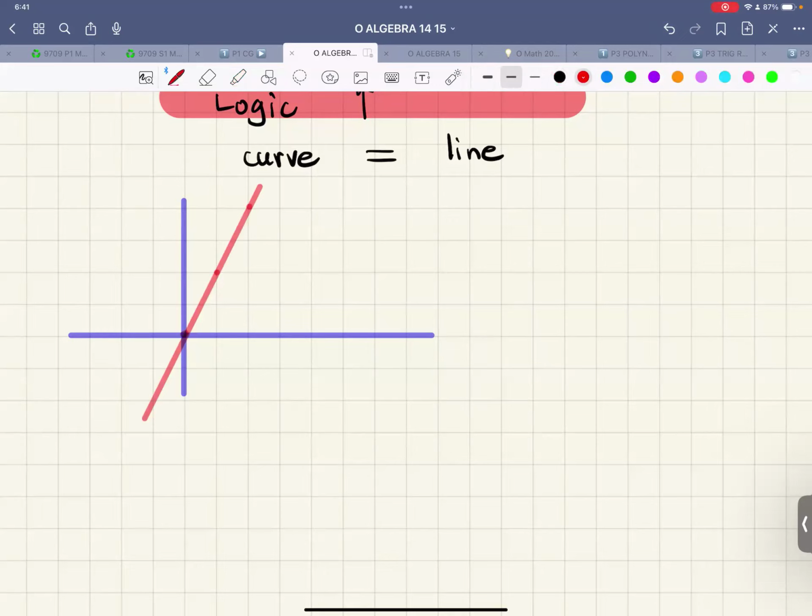And let me draw something else, a quadratic curve, a blue curve or a green curve. No, it's not good. Let me draw the curve again.